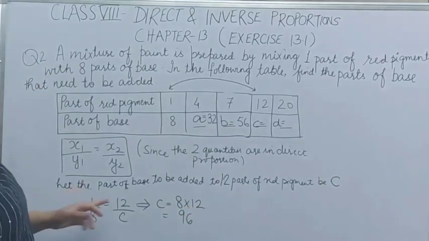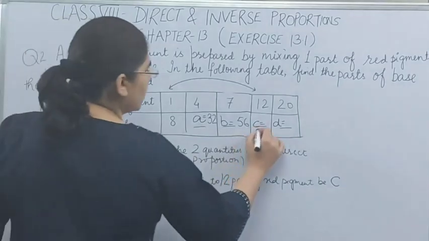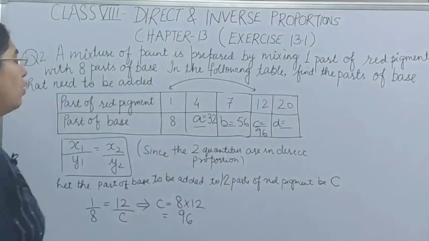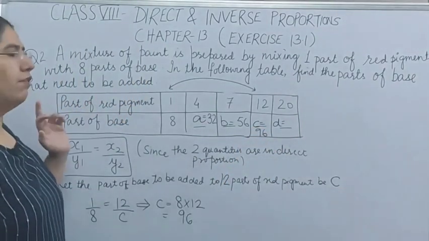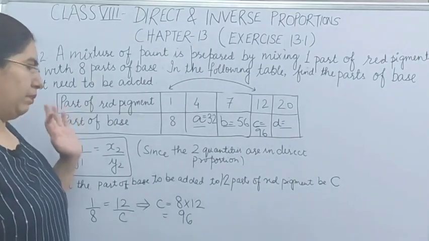Therefore, we need to add 96 parts of base to 12 parts of red pigment.